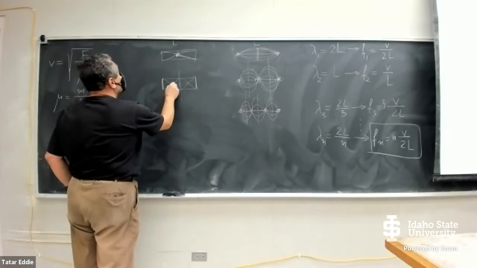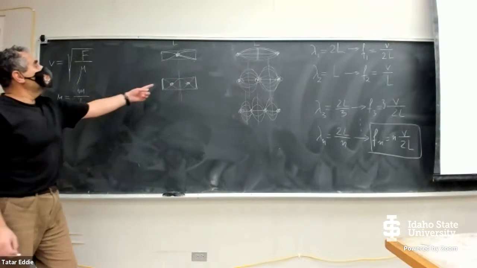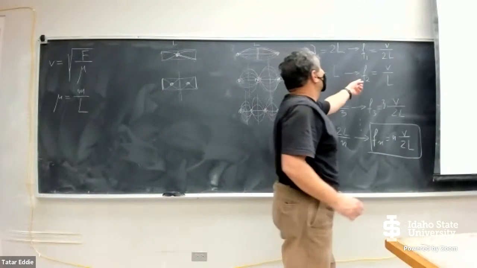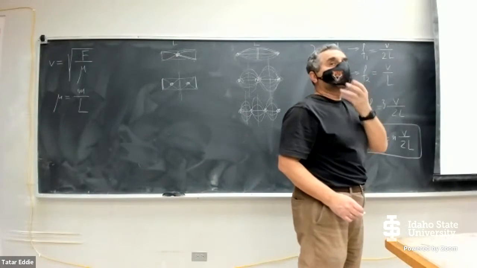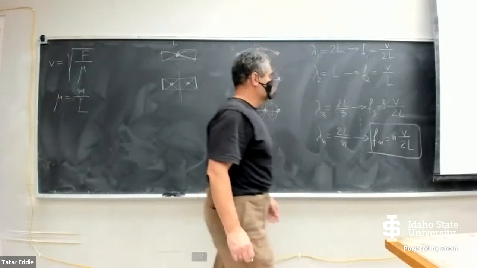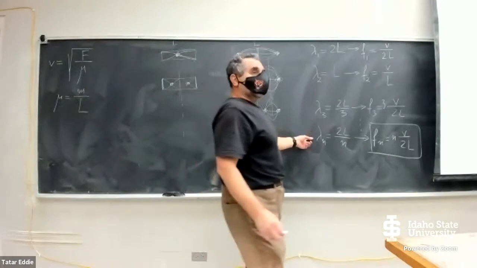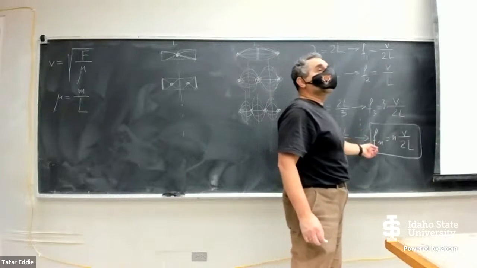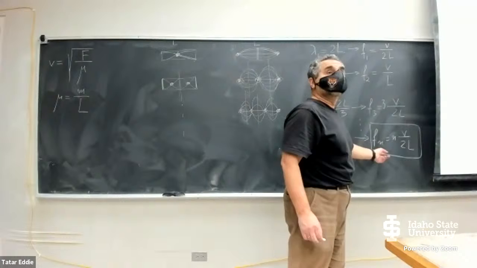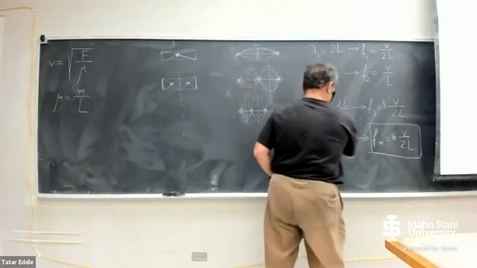And of course, nodes are here and here. Again, this is exactly one wavelength equal to the length of the pipe. And therefore, for the second harmonic, the frequency is given with this formula. And so on. The frequency of the nth harmonic in a pipe with two open ends is going to be exactly given with this formula, the wavelength with this formula.